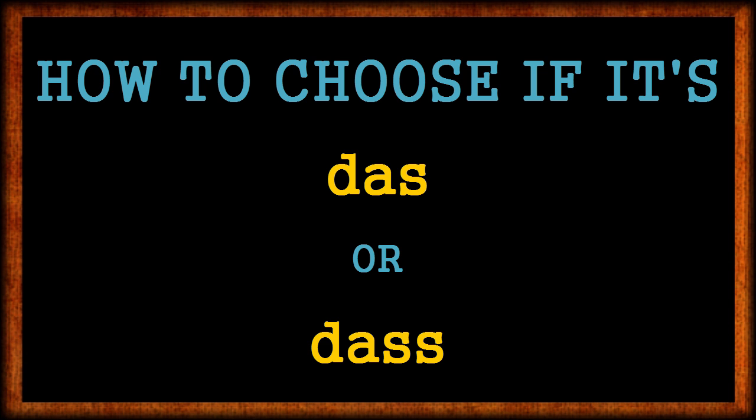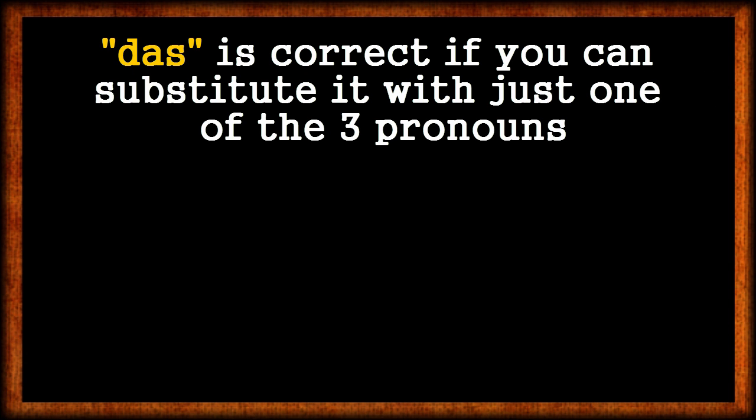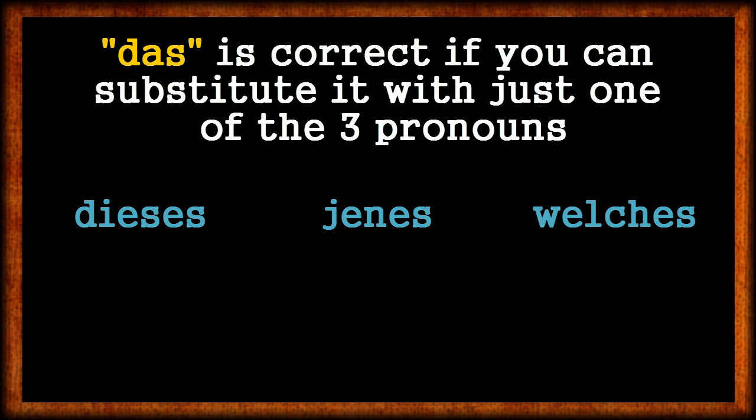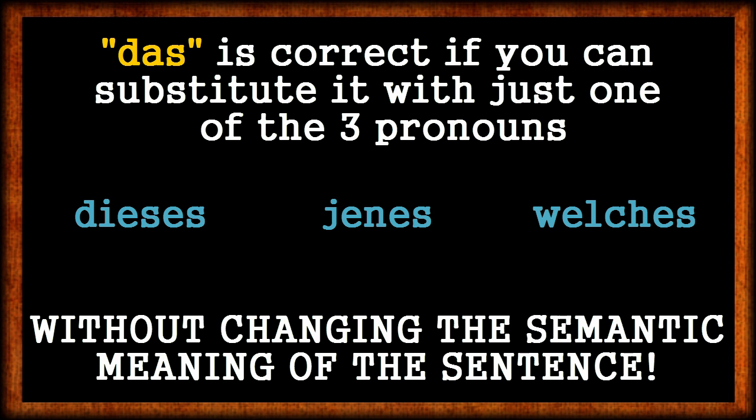Now, here is the trick. If you can substitute das with one S with just one of the three pronouns dieses, jenes, or welches, the English forms would be which or that, without changing the meaning of the actual sentence, be aware that it can be possible that just one of these three words work.